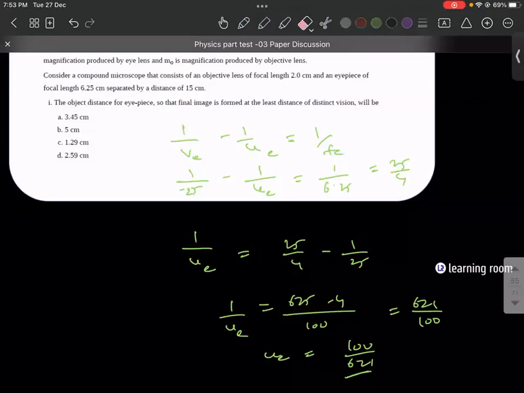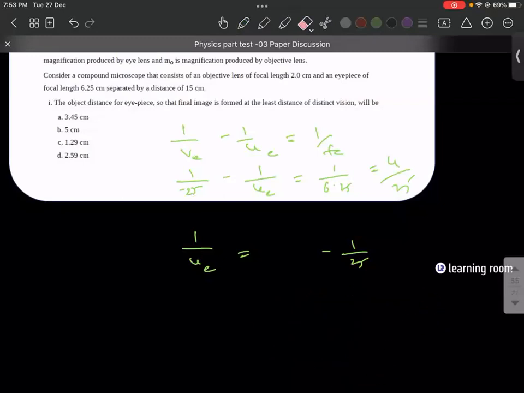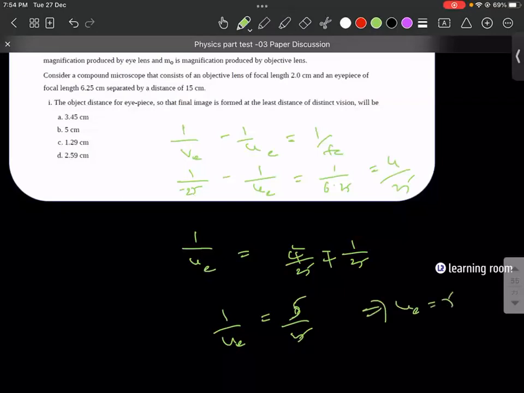Oh, I'm sorry, it is 4 by 25. So 4 by 25 plus 1 by 25, it will be 5 by 25, which implies UE is equal to 5 centimeter.